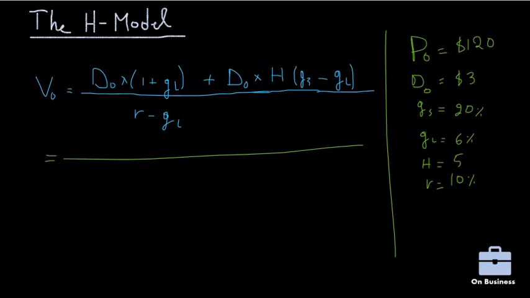D0 is $3. So I start with $3 here, multiplied by 1 plus 6%, and then I add to that 3 times H, which is 5, and the difference between the high growth rate and the long-term growth rate, which is 6%.